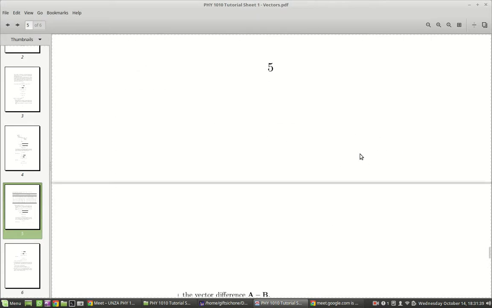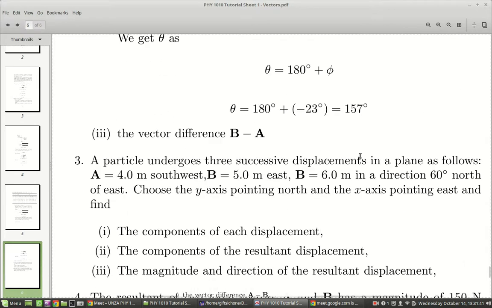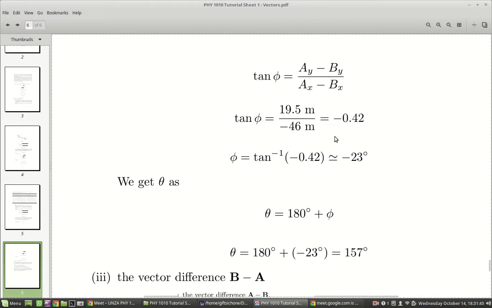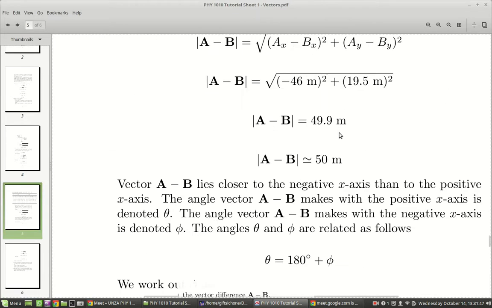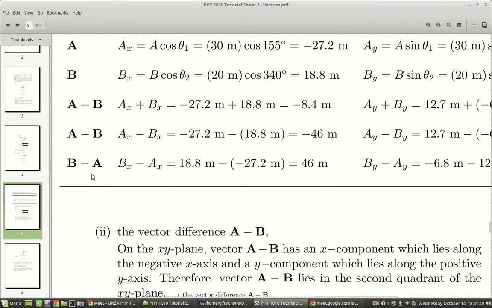Okay, so let's move on to vector b minus a. When we go to the table again, look at vector b minus a. The x component of b minus a is 46. It's a positive number.